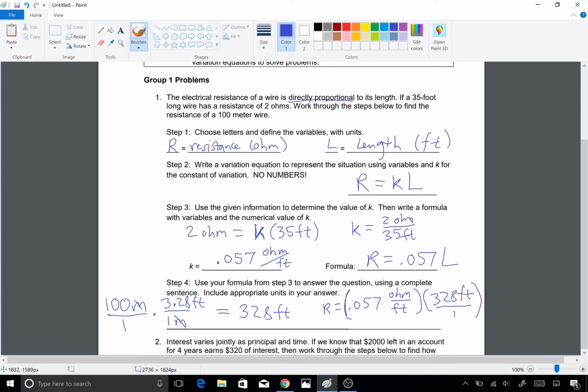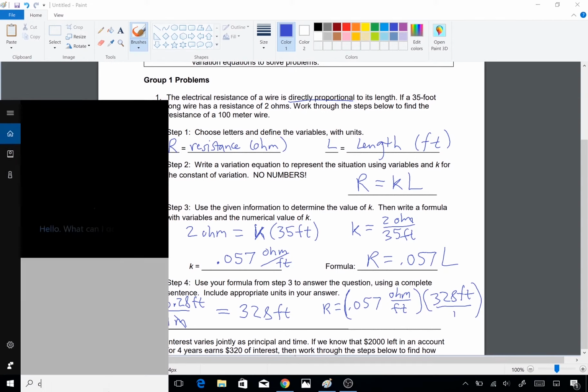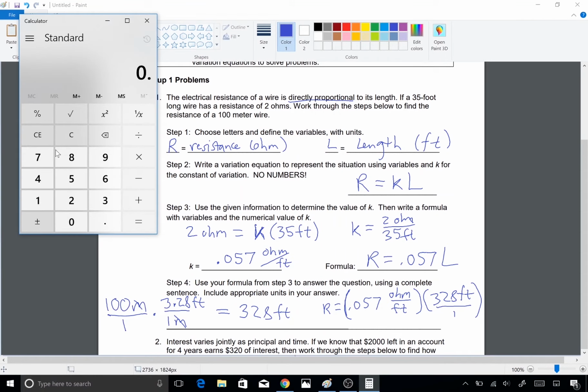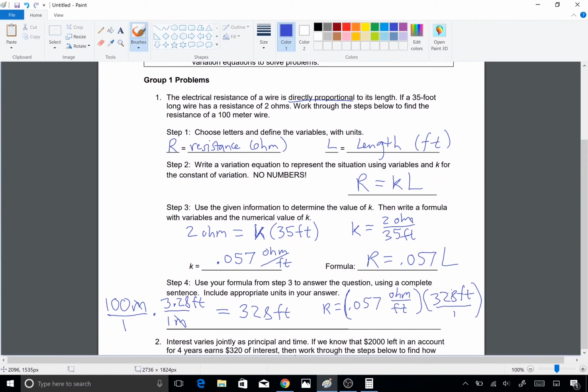Now notice the foot will cancel, and 0.057 times 328 gives us R equals 18.7 ohms. And that's our answer. That's the resistance of the wire.